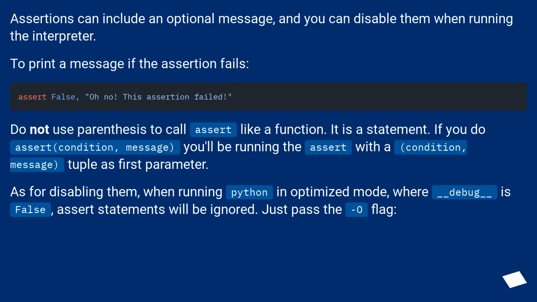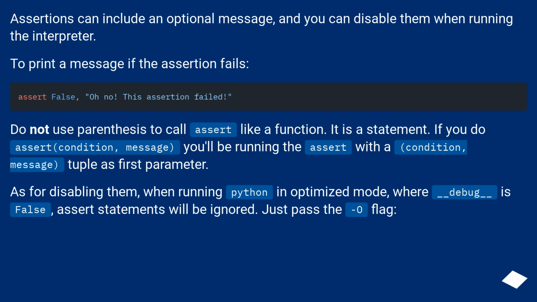Assertions can include an optional message, and you can disable them when running the interpreter. To print a message if the assertion fails. Do not use parentheses to call assert like a function. It is a statement. If you do assert(condition, message), you'll be running the assert with a (condition, message) tuple as first parameter.